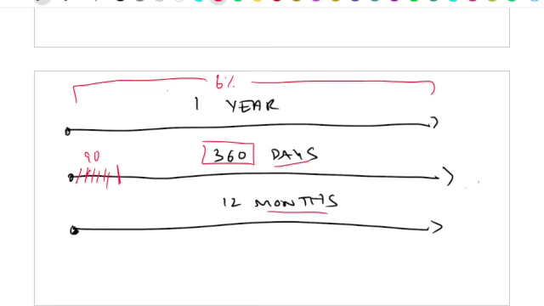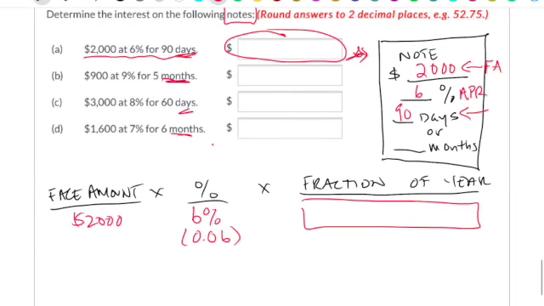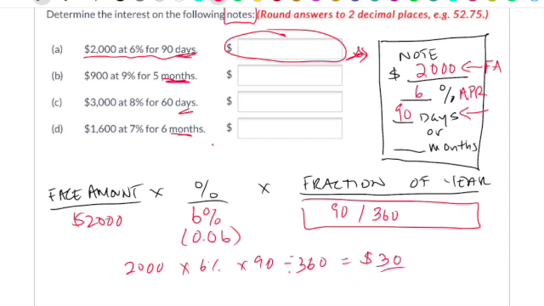So if we want to find the percentage, the 6% that applies to only 90 days out of 360, we say 90 divided by 360. So our math here is $2,000 times 6% times 90 divided by 360. That gives us $30 of interest.